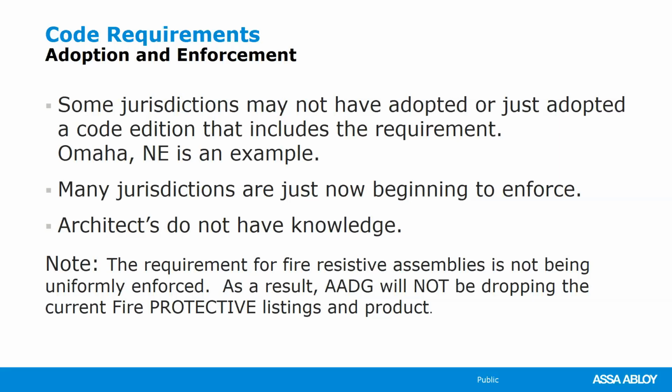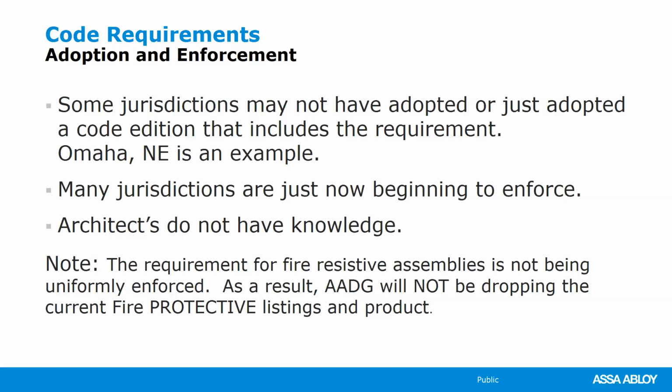Occasionally you'll run across a jurisdiction that is kind of an outlier. Omaha, Nebraska, until 2018, had not adopted an edition of the code that included the fire resistive requirements for frames with glass.